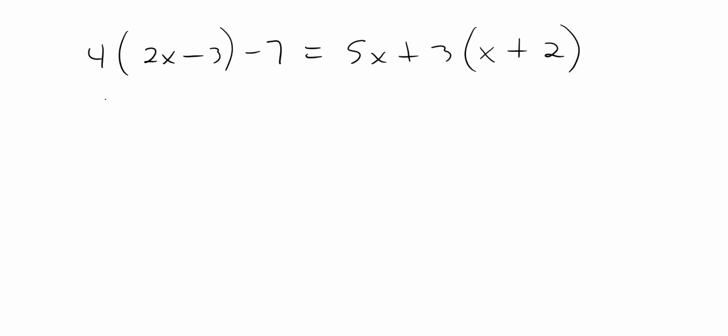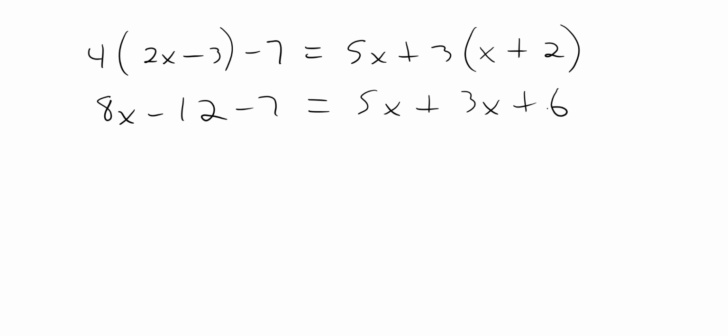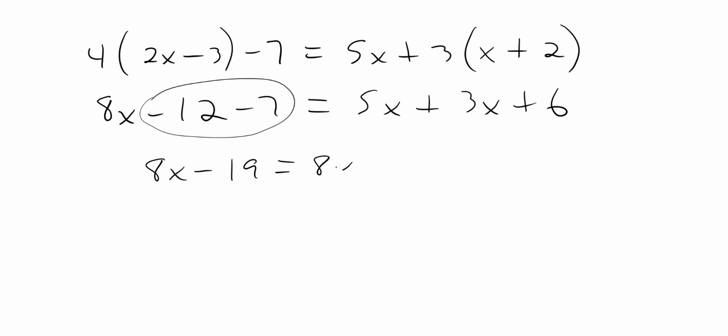I'm going to distribute. So I get 8x minus 12 minus 7 equals 5x plus 3x plus 6. Everything's the same so far. I'm going to combine like terms, those two. So 8x minus 19 is equal to 8x plus 6.